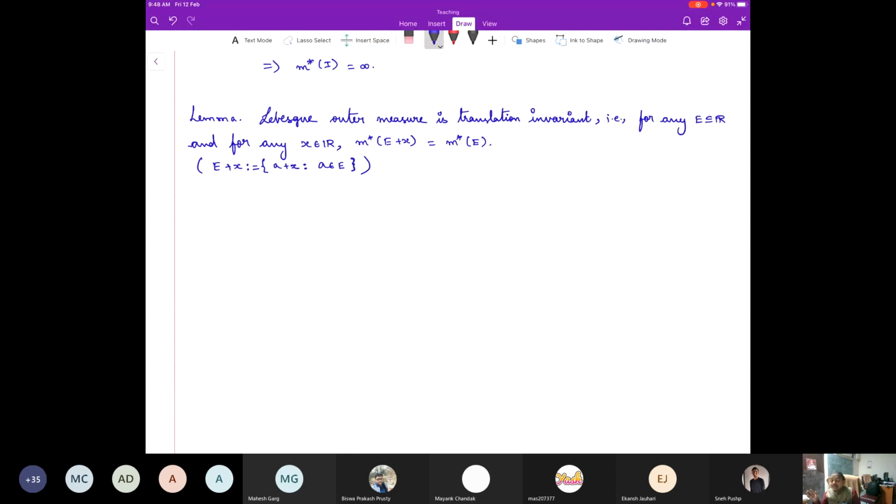If I_k is an interval, then I_k plus x is also an interval. First thing. Second, if you have a cover for E, the corresponding translates will cover E plus x. And if you have a cover for E plus x, then translating by minus x should cover E. So the proof, I'll simply say, is an exercise.